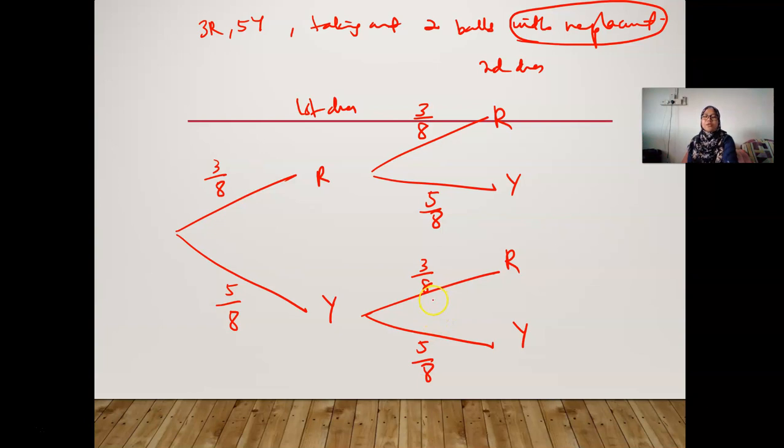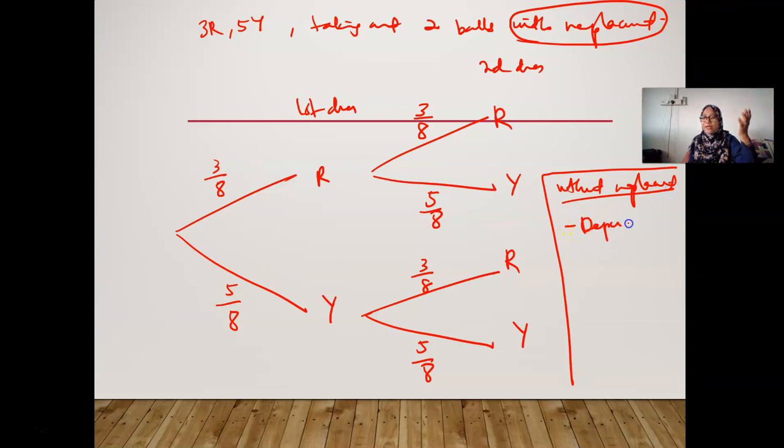Alright. So these two cases are different. The first one just now, without replacement, we call it a dependent event. Why do I say dependent? Because the probability on the second part depends on the probability of the first part.